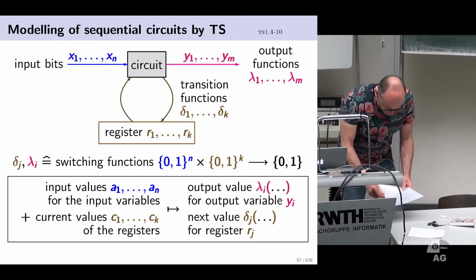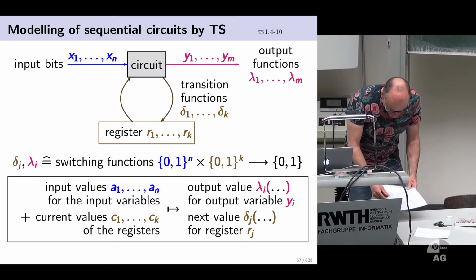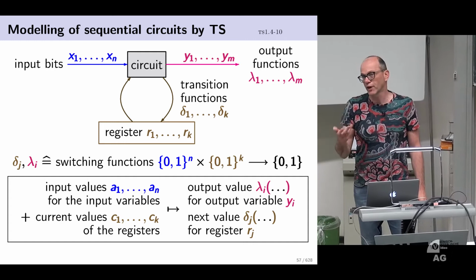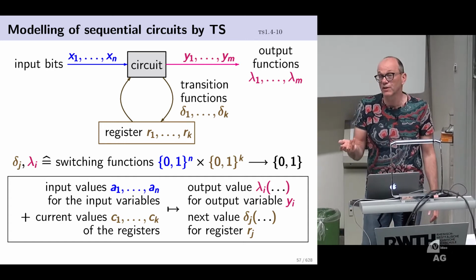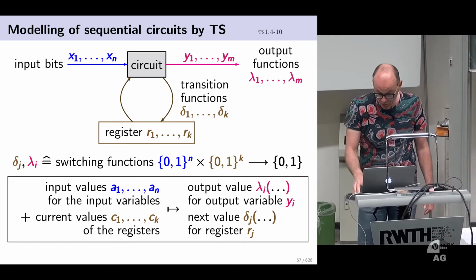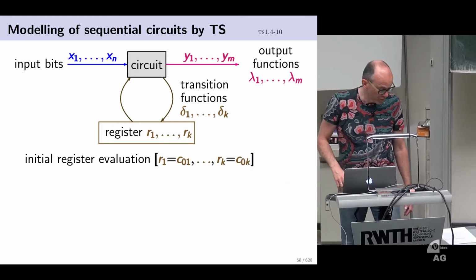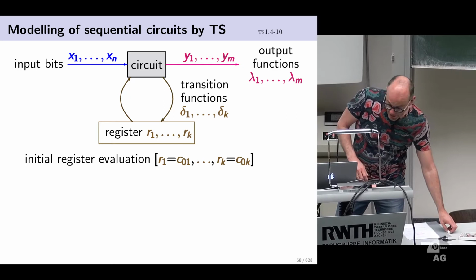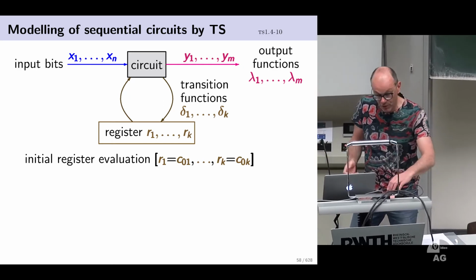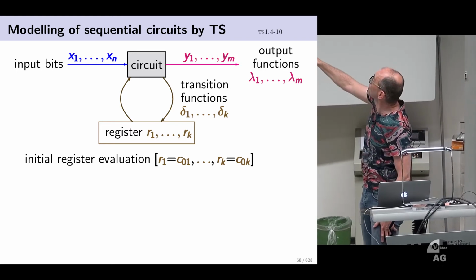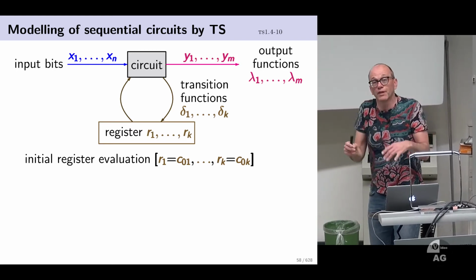Good. And now what we're going to do is build a transition system for these circuits. The first thing I'm doing is trying to give you an intuition. We're trying to do this by means of an example, and then I will write on the blackboard how this works. So what's the initial state? We have to start somewhere. So the initial valuation is that there are no inputs yet, and every register stores a certain value at the moment. Typically, these are only zeros.